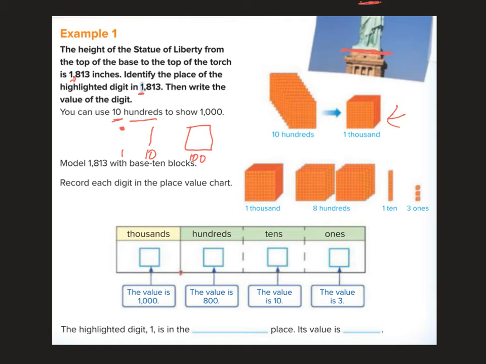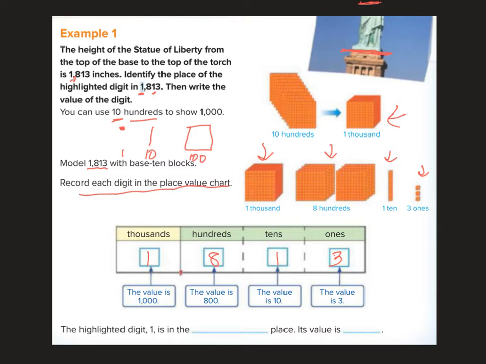So if we're going to model 1,813 with base 10 blocks, we would have 1,000, right, a cube, 8 hundreds, 1 ten, because we have 1 in the tens place, and 3 ones. So if I was going to record each digit in the place value chart, I would say I have 1 thousand, 8 hundreds, 1 ten, and 3 ones.